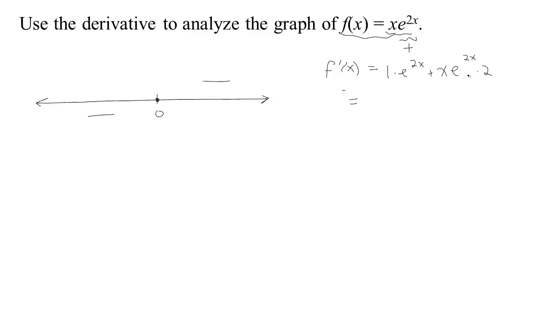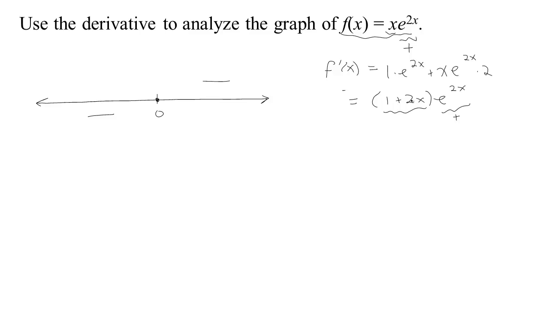Now looking at this, if I factor out the common e to the 2x, I have 1 plus 2x times e to the 2x. Again, this part's positive, so if I want to know about the sign of the derivative to figure out whether this is increasing or decreasing, I just look at this piece. If this piece is negative, then it's going to be decreasing.